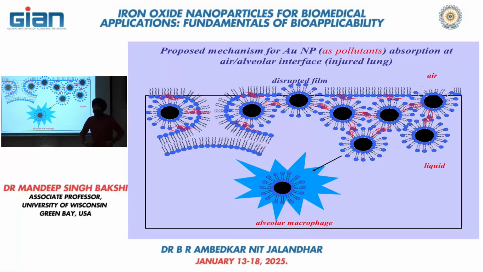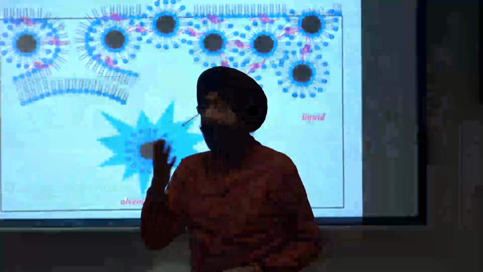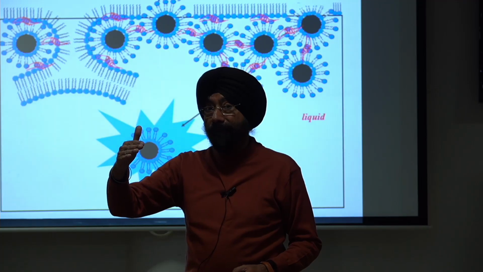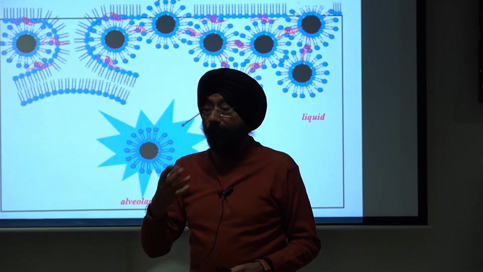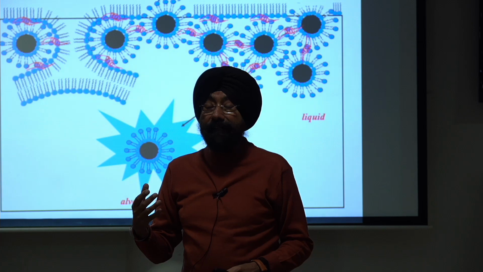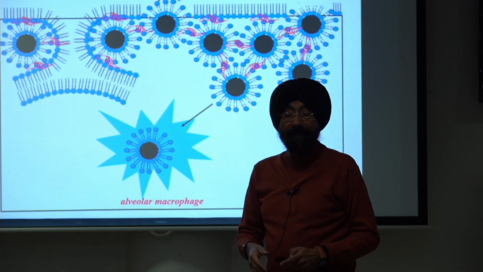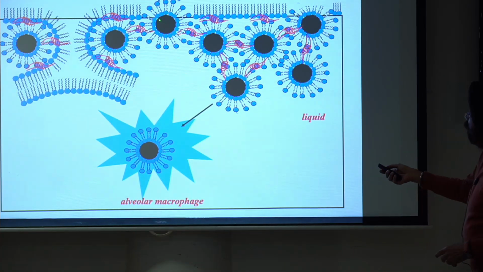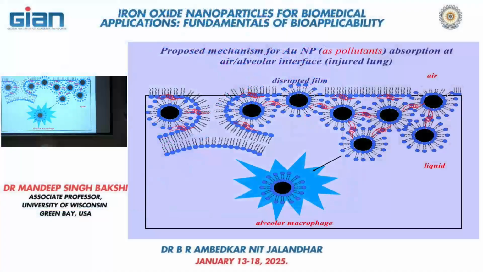There is no way the nanoparticles travel through the body and come close to the lung. So what you inhale, the air, if that is polluted with the pollutants, then the nanoparticles are going to hit the interfacial layer of the phospholipid molecules.